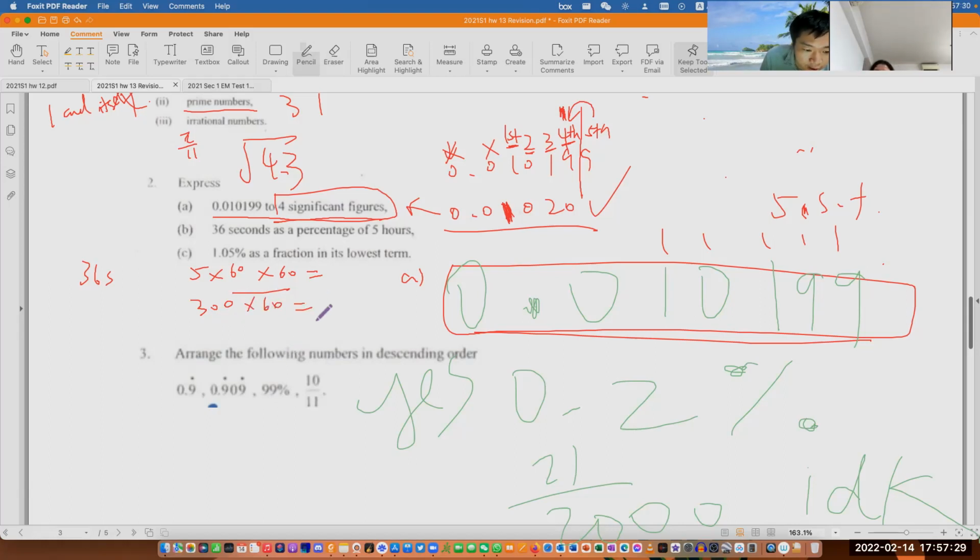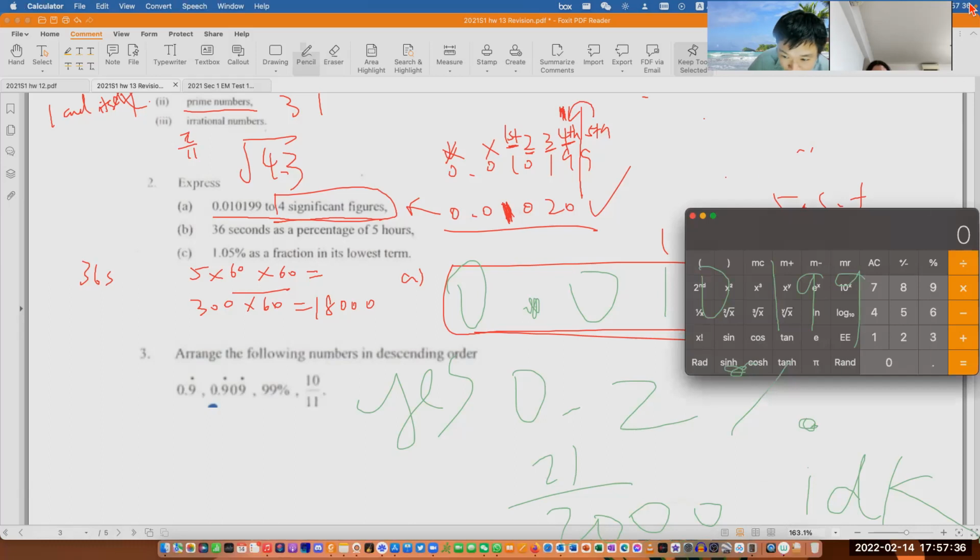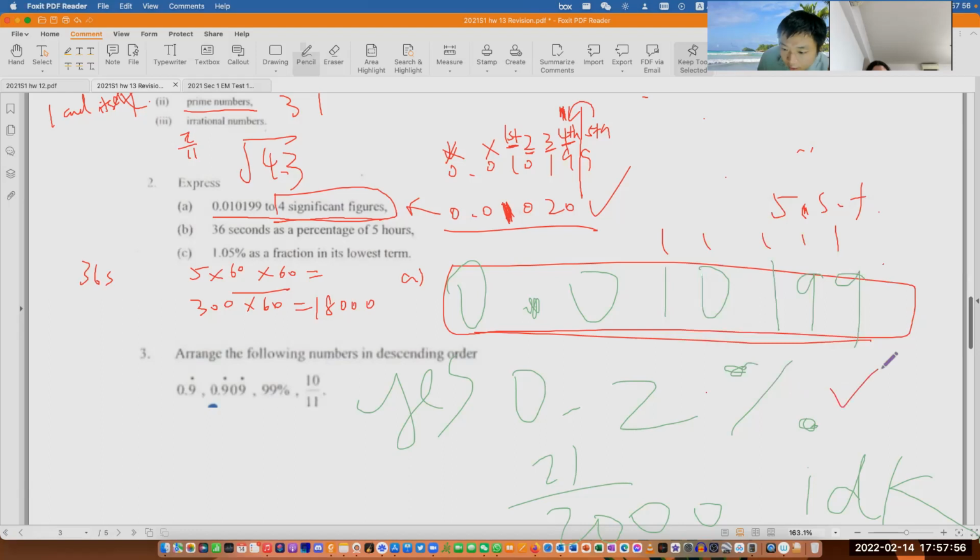Don't use your brain power too much, you're going to exhaust it. So 36 divided by 18000, you should get 0.002. As a percentage, times 100, so it's 0.2%. Okay, your answer is correct.